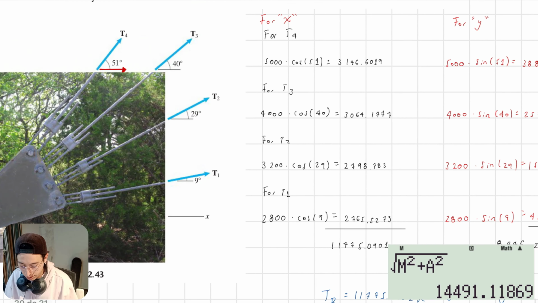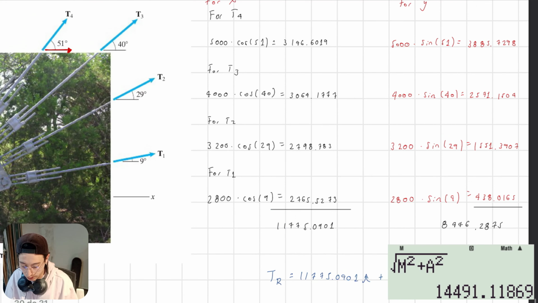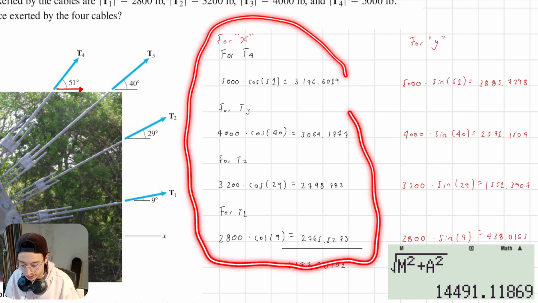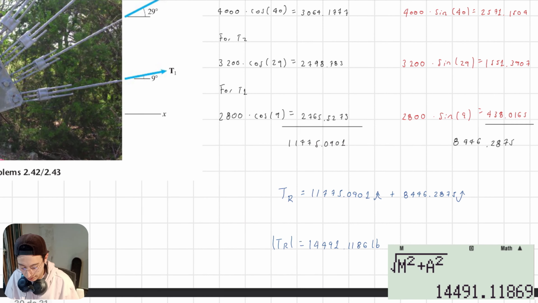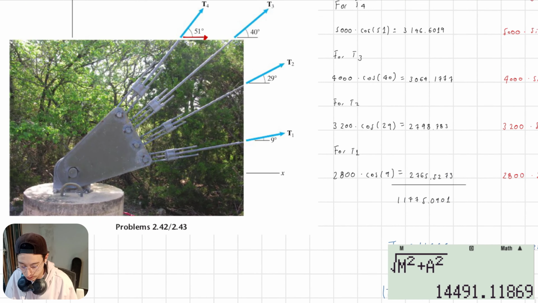At the end, you just have to do a summation between every single one of them that involves the same axis, and the summation is going to be equal to the final resulting vector.